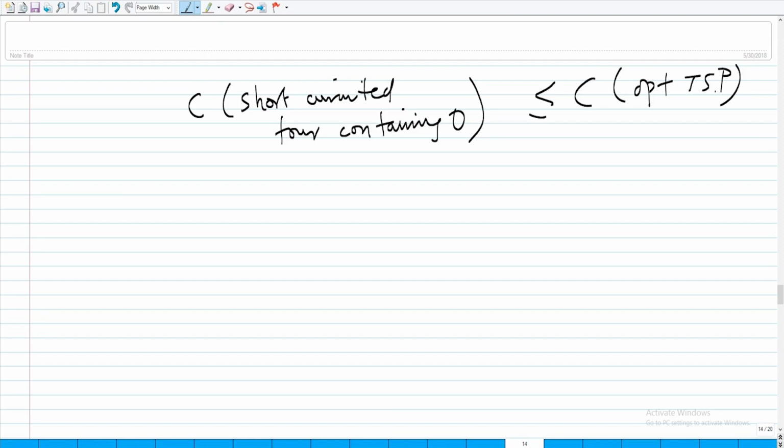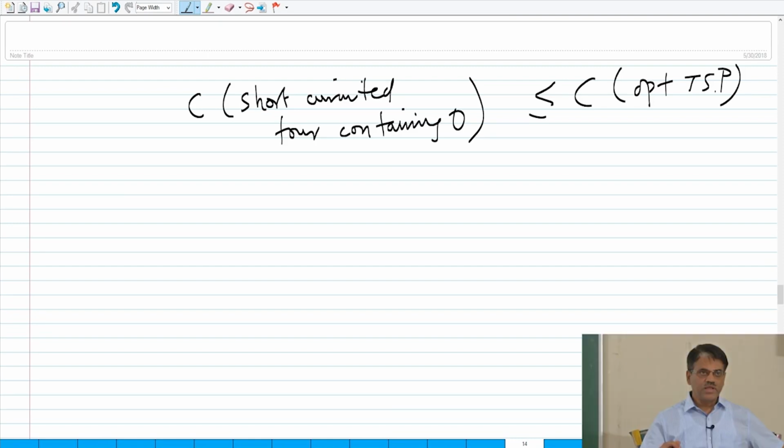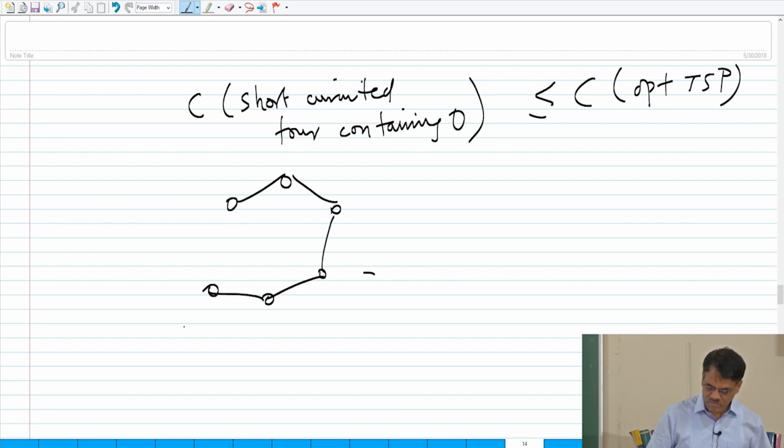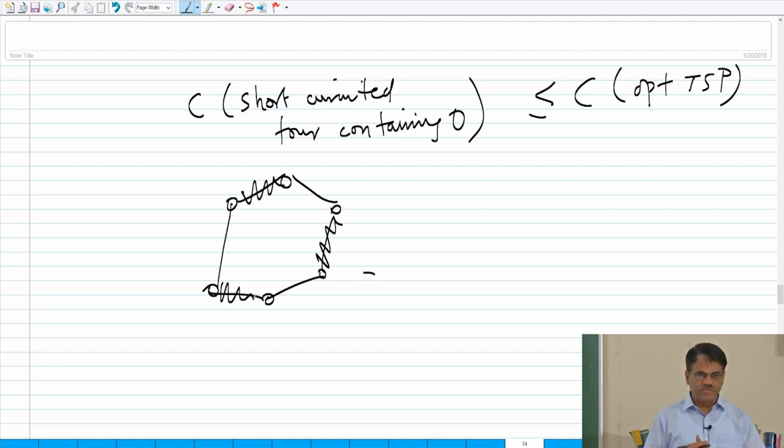But note that this cycle is actually a union of two matchings. Any cycle is a union of two matchings, right? So, what is this cost? Suppose this is my cycle on the vertices O. So, here is a matching, and take the other edges, that is a matching, right.